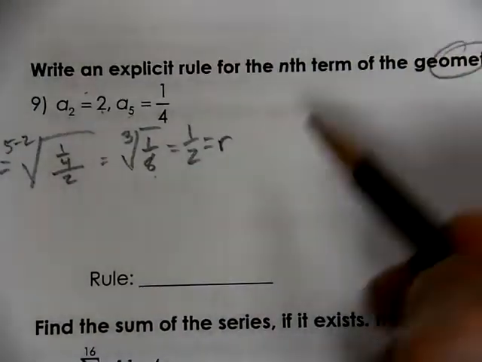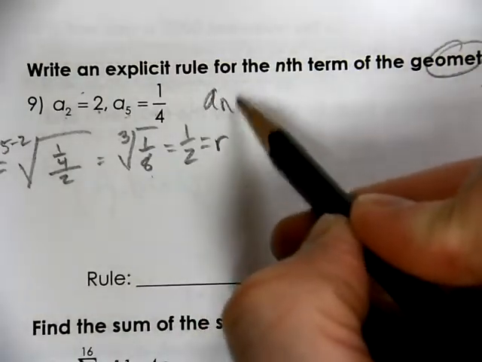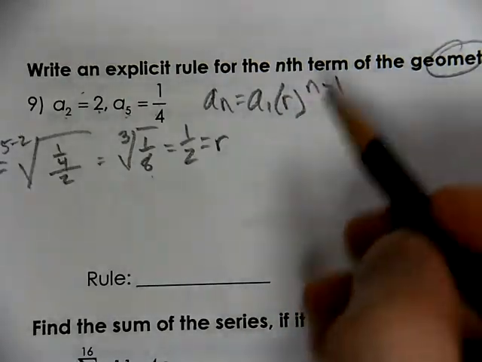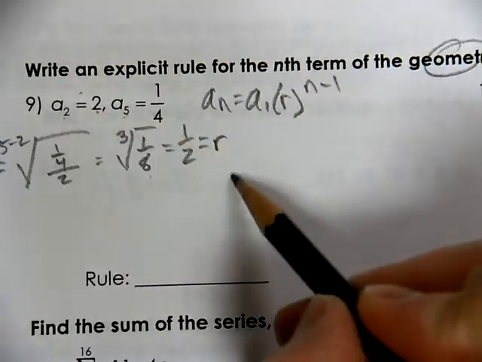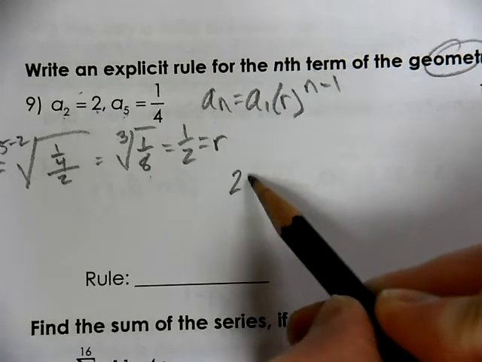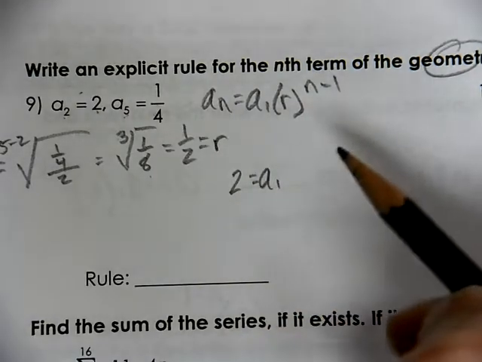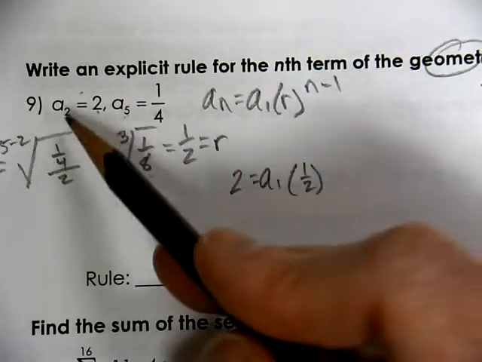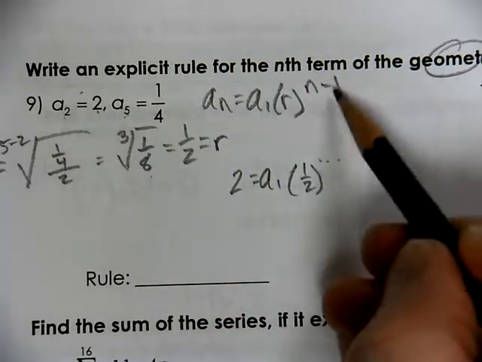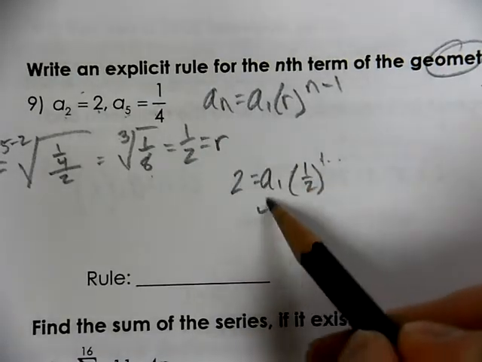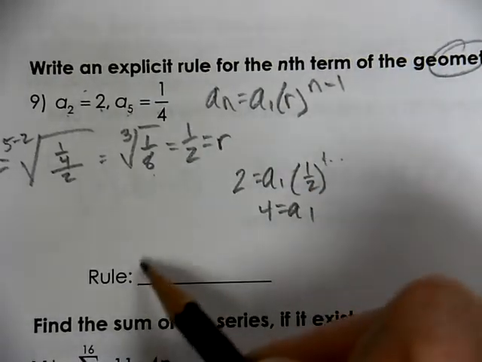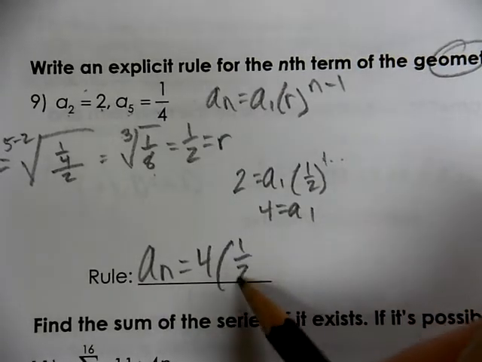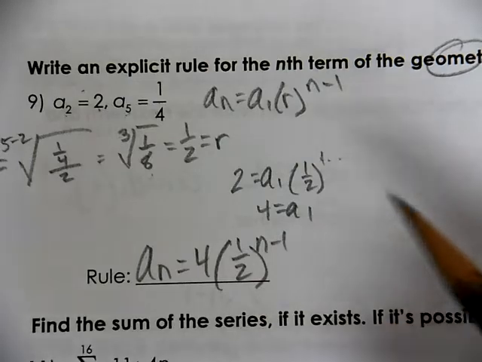And once you have your r value, then we're going to plug it into our geometric format we've been talking about. So let's use the 2 equals a of 1, because that's what we don't know. R is 1/2. We use a 2, so 2 minus 1 is 1. So multiply by 2. So my rule is 4 times 1/2 to the n minus 1.